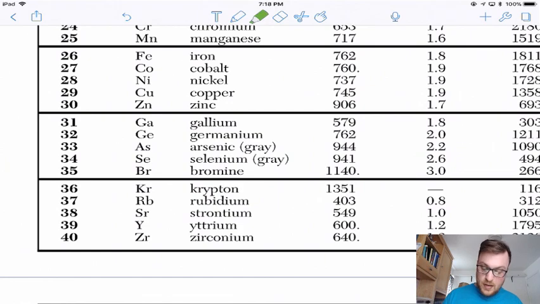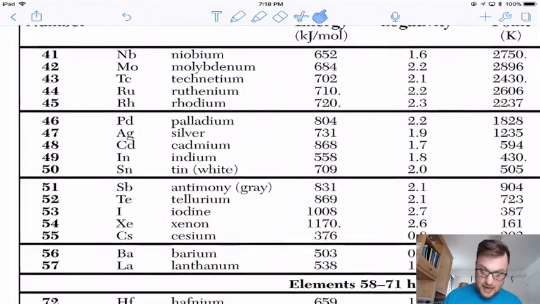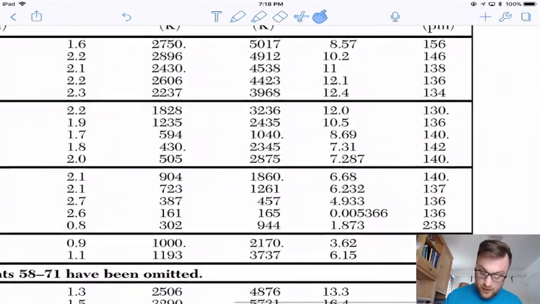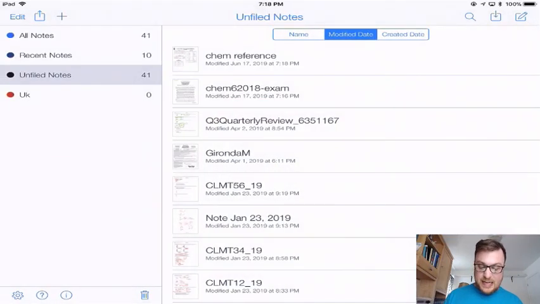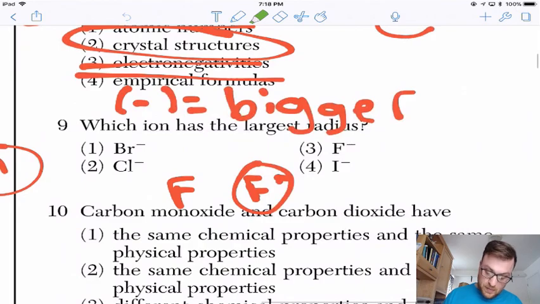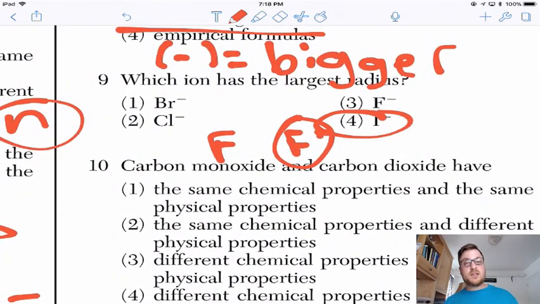Bromine has an atomic radius of 117. And then finally, iodine has an atomic radius of 136. So, who was the biggest? Iodine. Who's still going to be the biggest even though they're negatively charged, because that will make a difference in this case? Also, iodine.